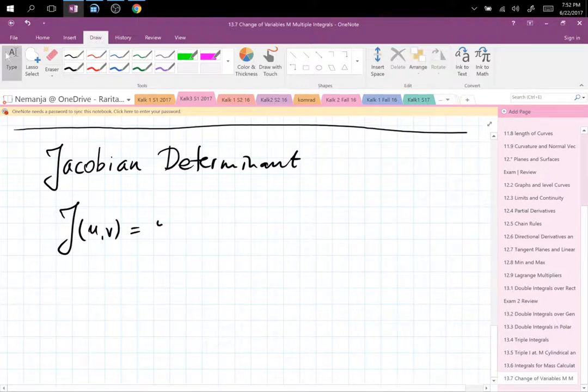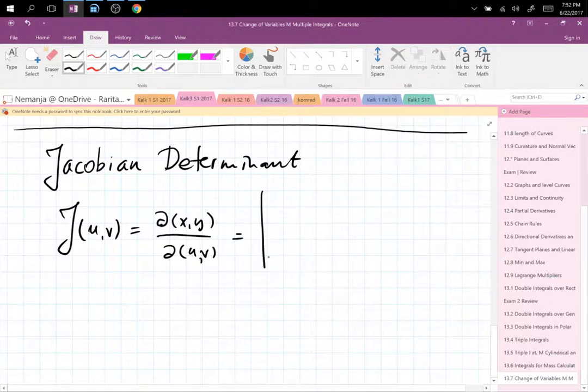So partial xy, partial uv, and it's the matrix of partial x partial u, partial x partial v, partial y partial u, partial y partial v.